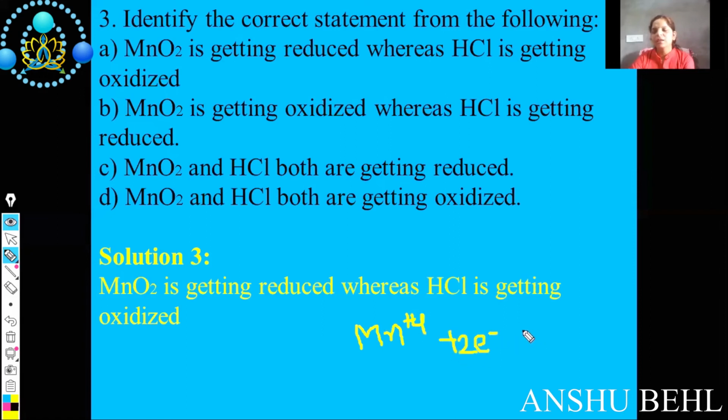So it is getting reduced itself, and so it is acting as an oxidizing agent. And HCl is changing its oxidation state from -1 to 0. So from -1 to 0 is by loss of electron, so it is getting oxidized.